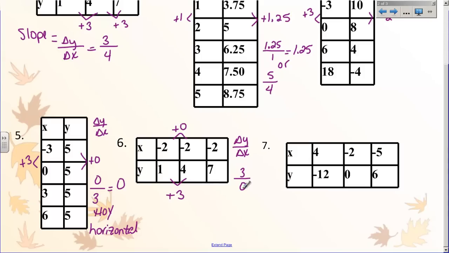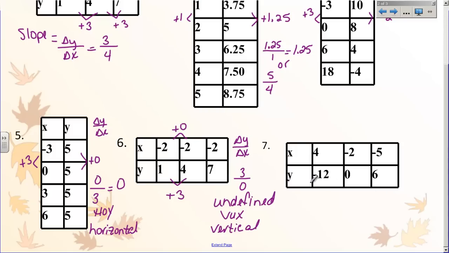If you'll remember from our discussion the other day, this is undefined because we cannot do division by 0. And hopefully that reminds you that an undefined slope means we have a vertical line. So this line is a vertical line, goes straight up and down. These two are very important. It's very important to be able to recognize it right off.